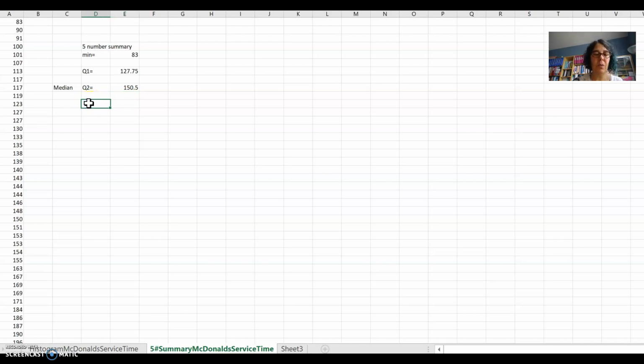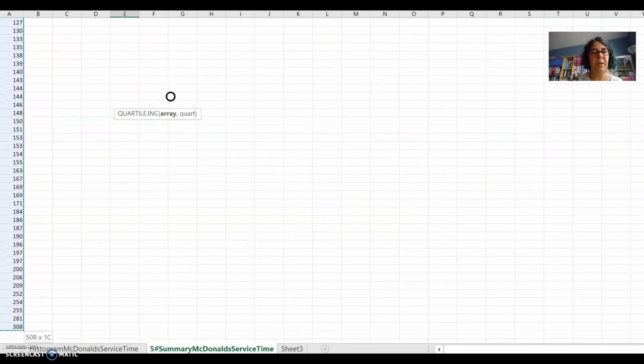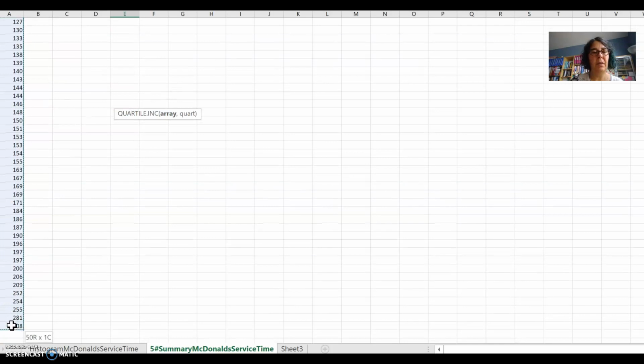So the median is 150.5. Quartile 3, which is the median of the upper end, will be equal to quartile.inc. Highlight the data for which you want to find the quartile 3. Then go into that cell.